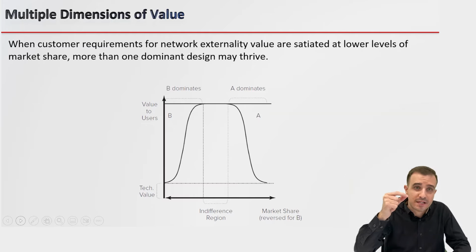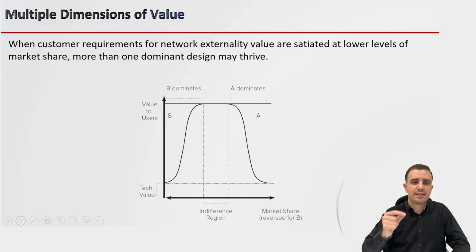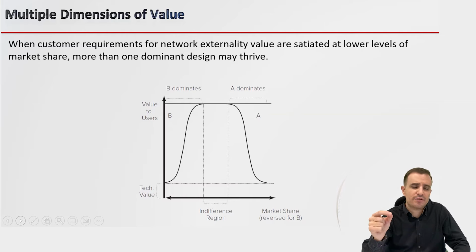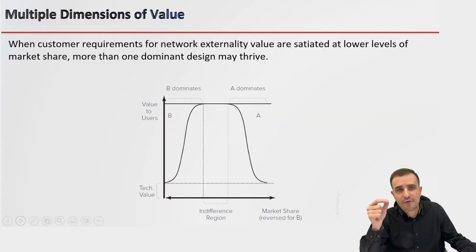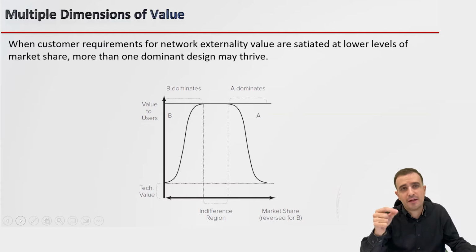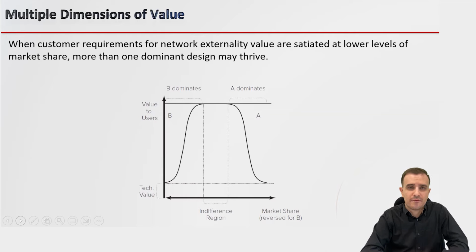But in this third example, we see that there are two technologies, and these two technologies are fine even though they are not reaching a dominant position in the market. They are already capturing enough value, because the network externality value is already achieved at a lower level of market share.